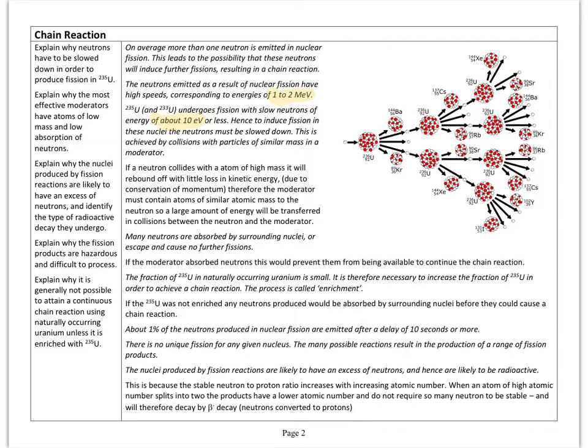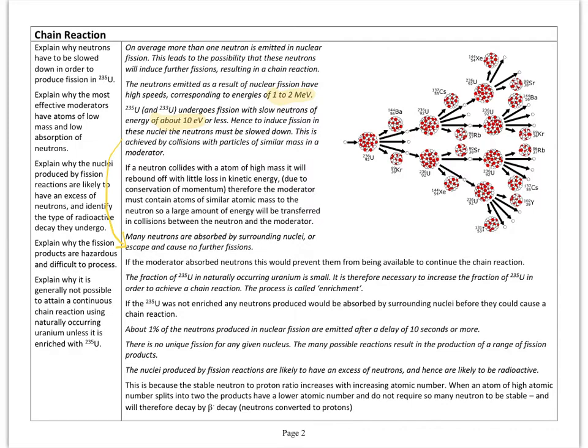If they have more than that, they tend to just either bounce off the atom. So it comes down to this point here mainly. If they have too much energy, they will either be absorbed and form a new isotope, or they will just bounce off the nuclei that they hit without causing any major change in its shape, and that setting up that instability that causes fission to occur.